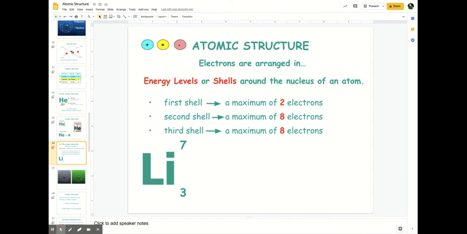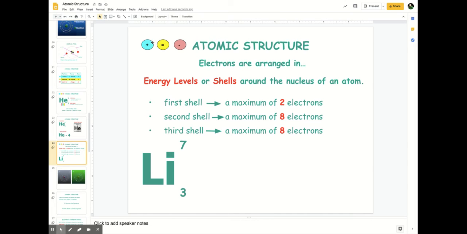All right. So atomic energy levels and shells. Niels Bohr said that the first shell can only hold 2, and then the second shell can only hold 8, and then the third shell can only hold 8, and then 8, and then 8, as far as we're concerned right now. So first of all, let's try to make the lithium atom with these things.